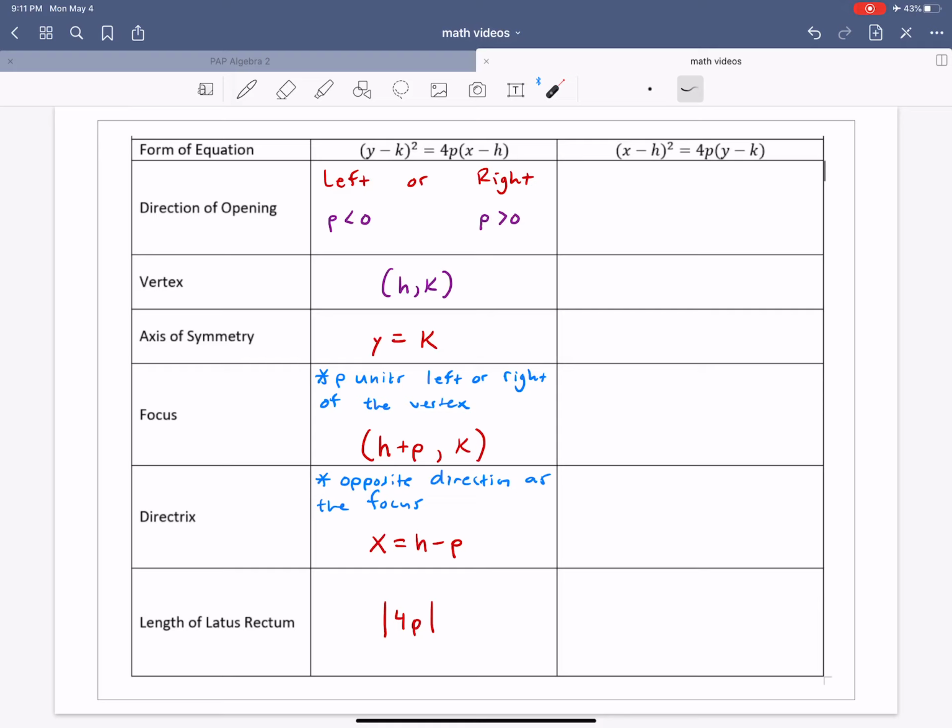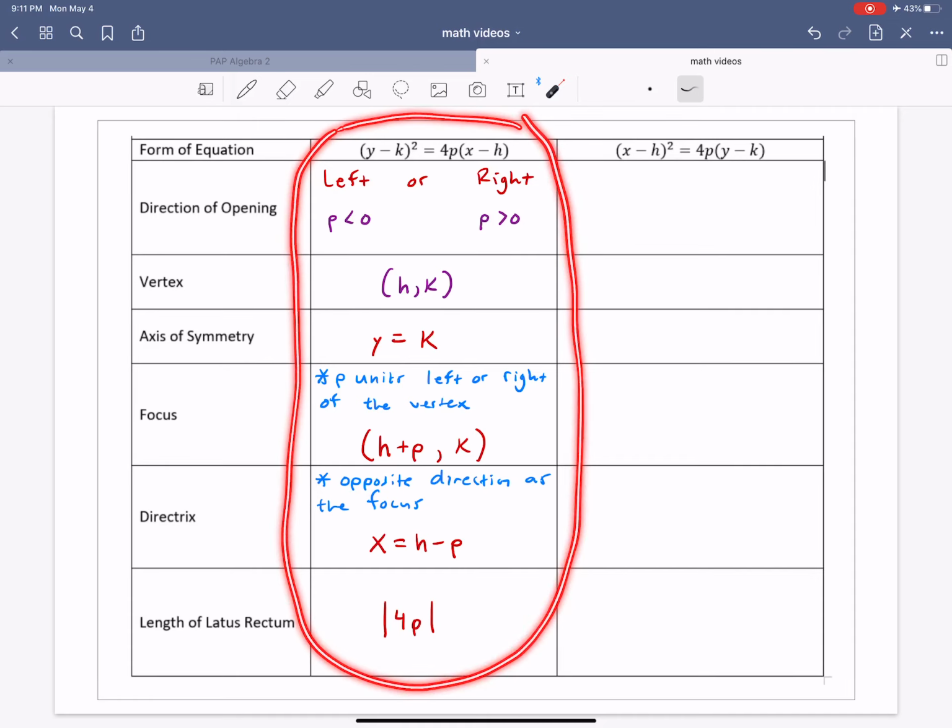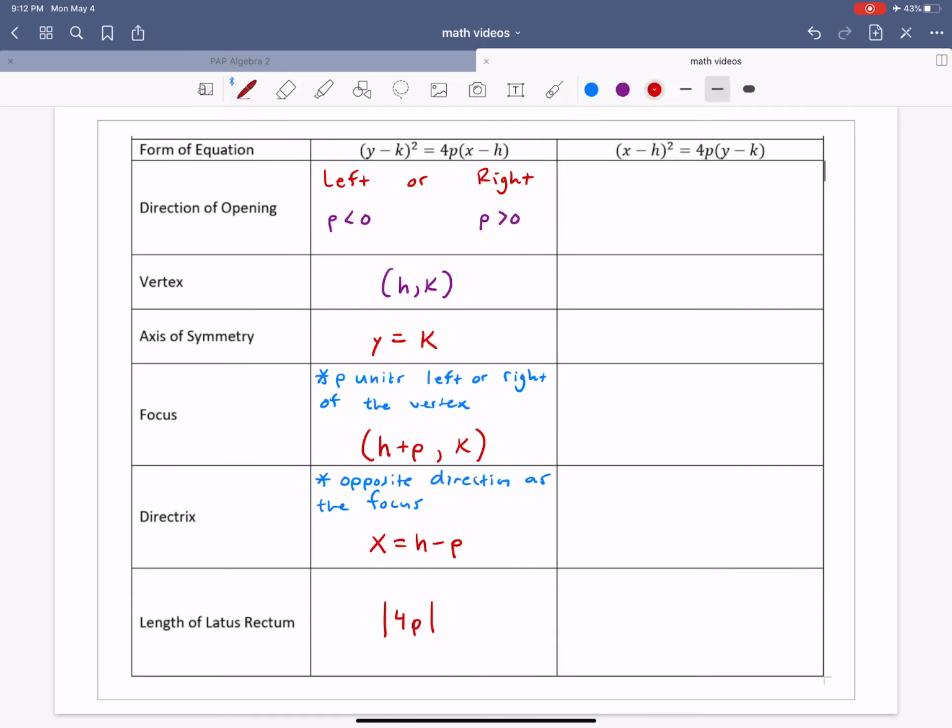So this first column is the parabolas that open to the right or the left. Now let's talk about the ones that we're maybe a little bit more familiar with, the parabolas we get when x is being squared. If x is being squared, you either have a parabola that opens up or a parabola that opens down.